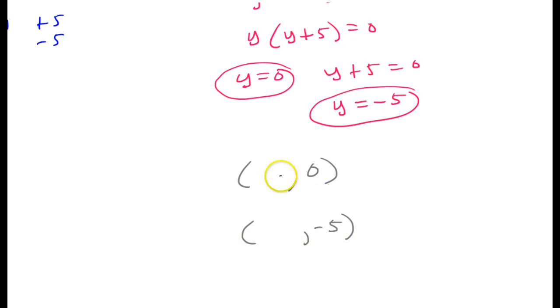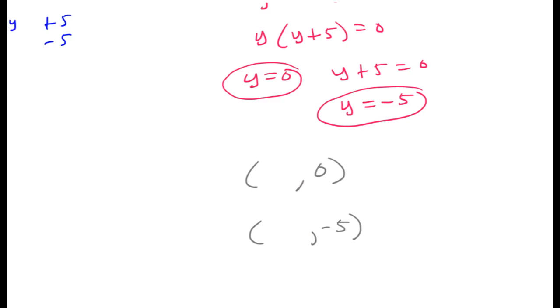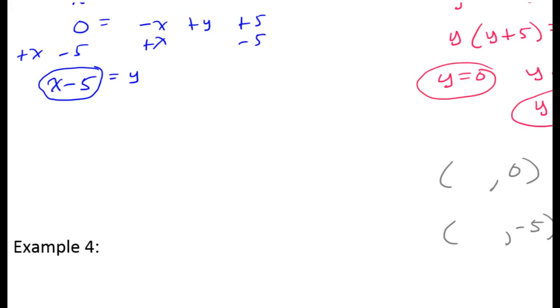I have these two y values, but I need the x values that go with them. How can I get those x values? Well, looking back over here, I have this little equation. So what I could do is take these y values, substitute them in, and get the x values.